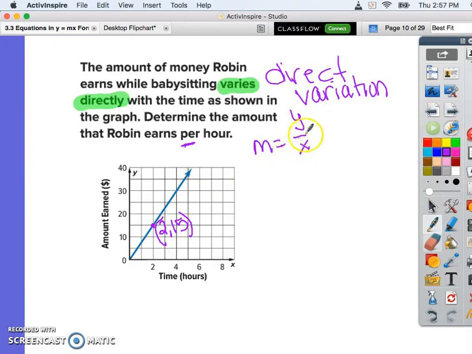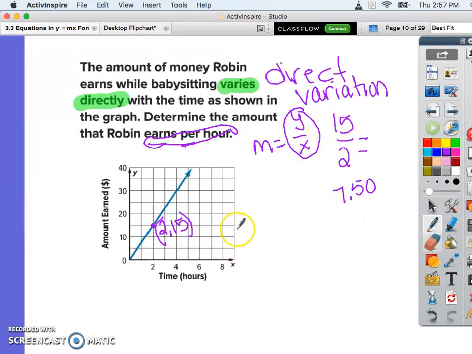So I'm going to divide 15 by 2, and that's going to get me what I earn per hour. 15 divided by 2 is 7.5. 15 represented the money, and 2 represented the hours. So it would be $7.50 per hour.